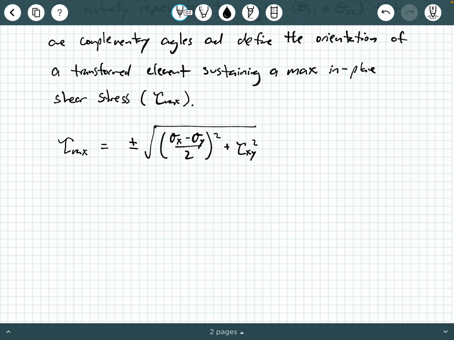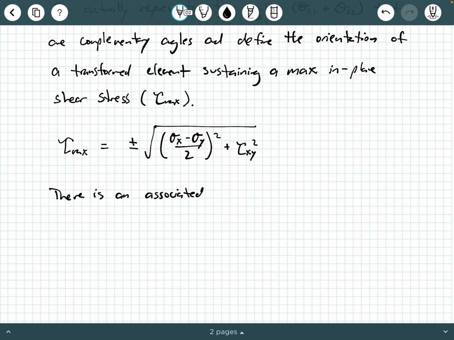Okay, now it turns out we are going to have an associated average normal stress on this transformed element. If you remember from the previous video, when we discussed principal stresses, the associated shear stress on the transformed element was 0. That's not the case here. When we're talking about a transformed element where we want maximum shear stress, tau max, you are going to have an associated average normal stress on that transformed element.